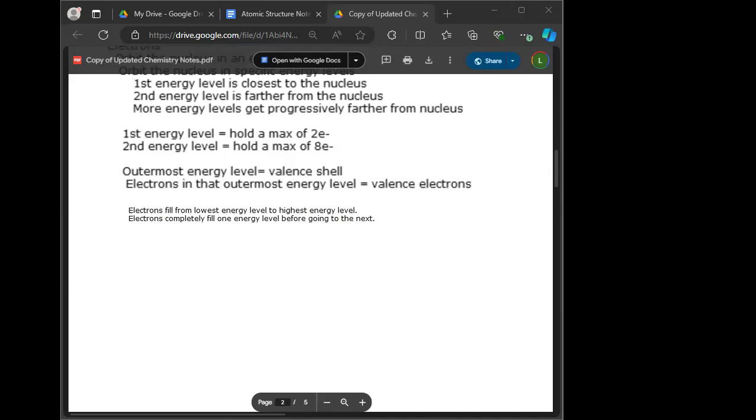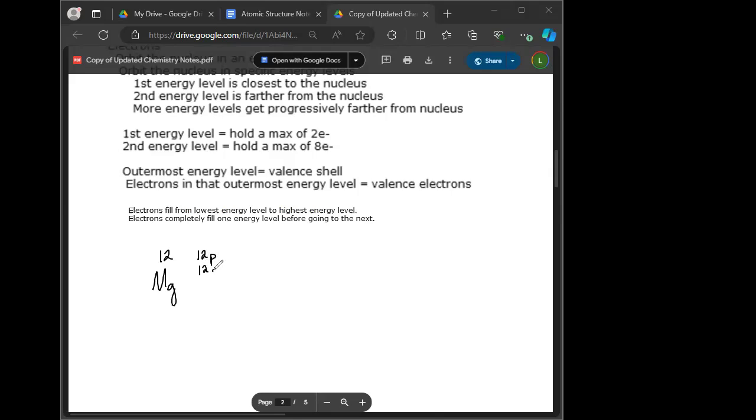Okay, let me pick an element. Let's say we have something like magnesium, Mg. Magnesium has an atomic number of 12. That means that it has 12 protons.